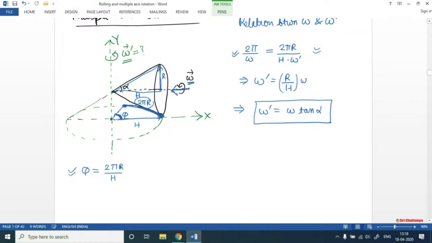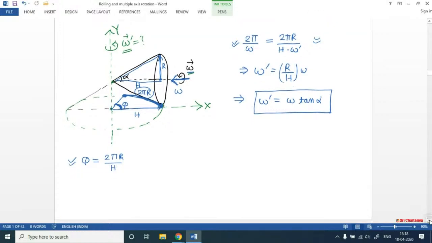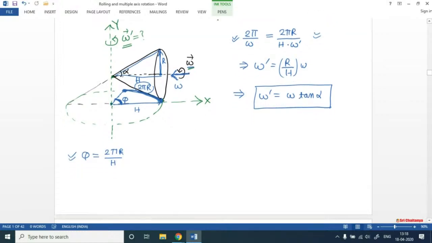This is the direction of omega. So when we are to find the resultant angular velocity of the cone, and angular velocity is a vector quantity, we must add them vectorially.